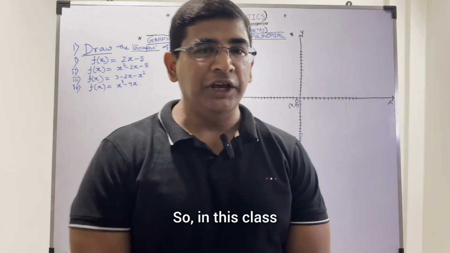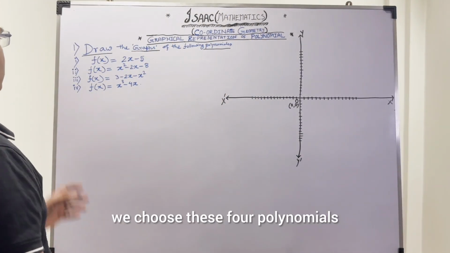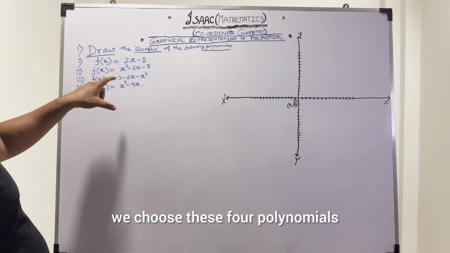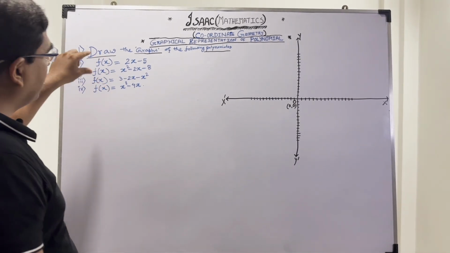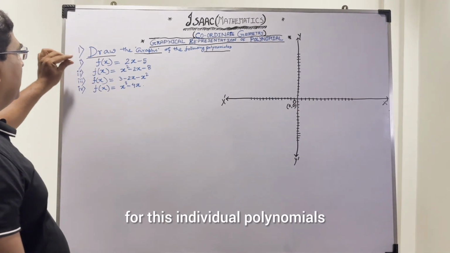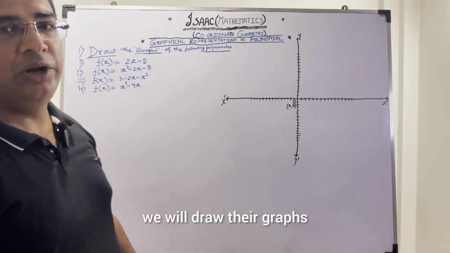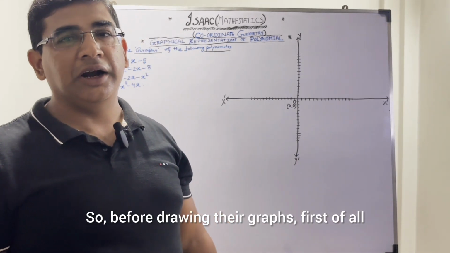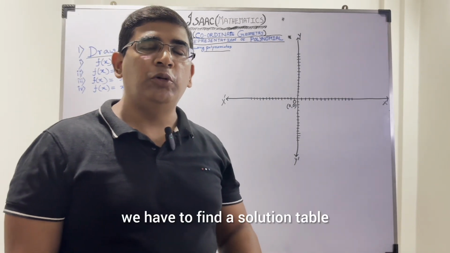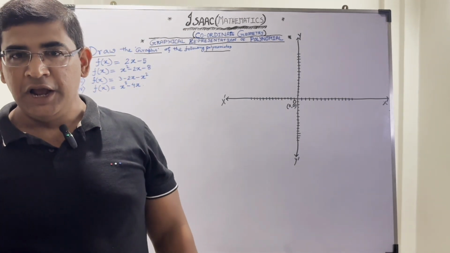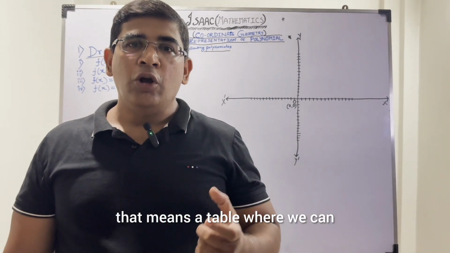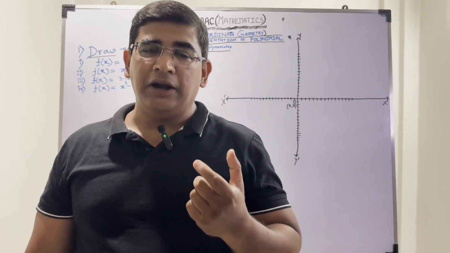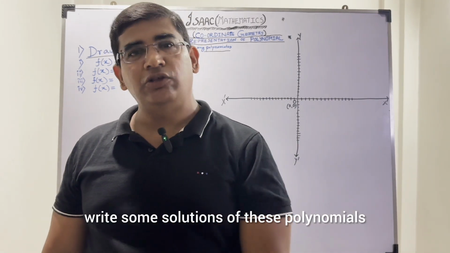In this class we choose these four polynomials and for these individual polynomials we will draw their graphs. Before drawing their graphs, first of all we have to find a solution table. That means a table where we can write some solutions of these polynomials.